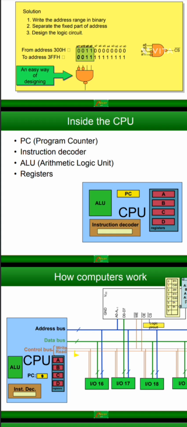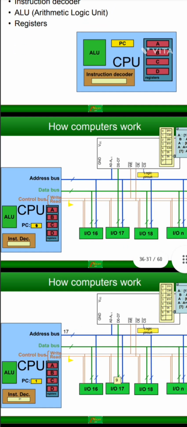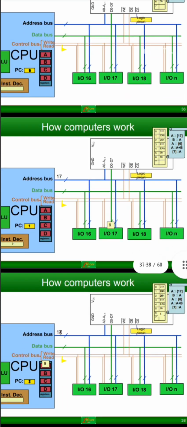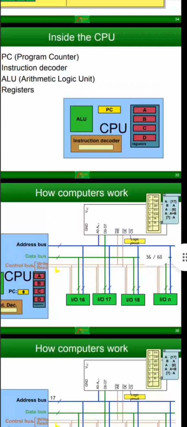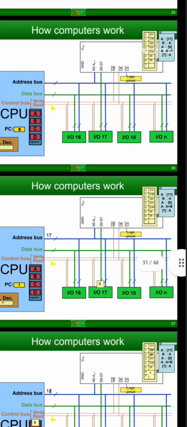Now we'll discuss what's inside the CPU. Inside a CPU there is a program counter, an instruction decoder, an arithmetic logic unit, and registers. The register value depends on the value given. We have given the condition and the program counter starts.